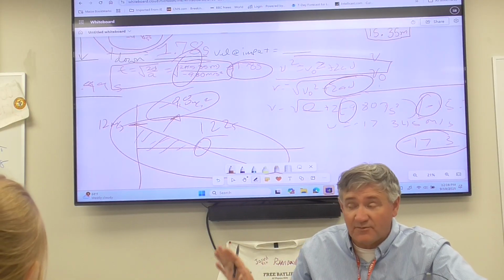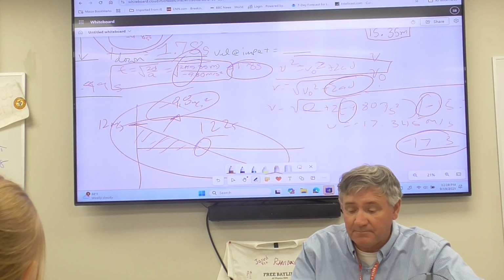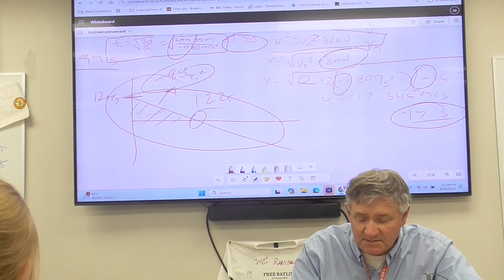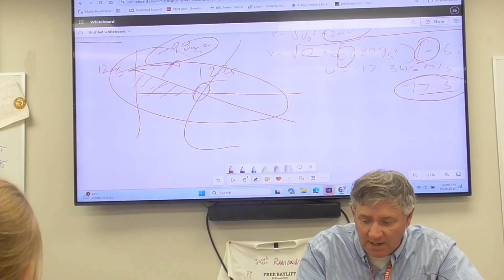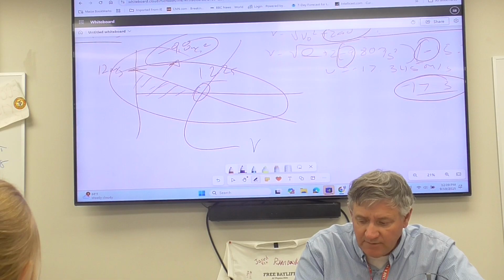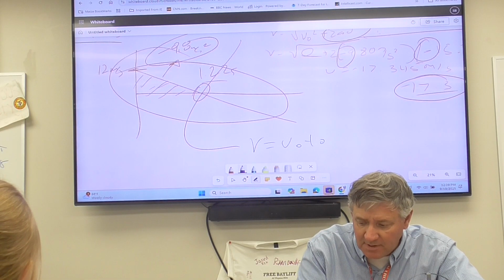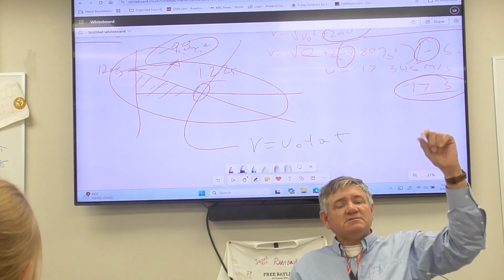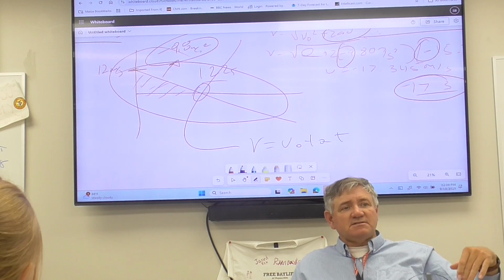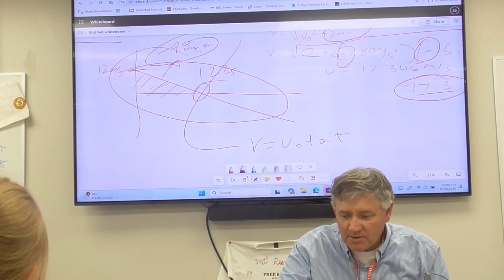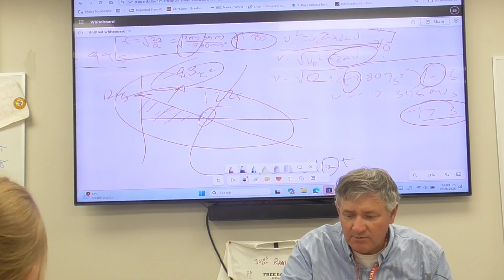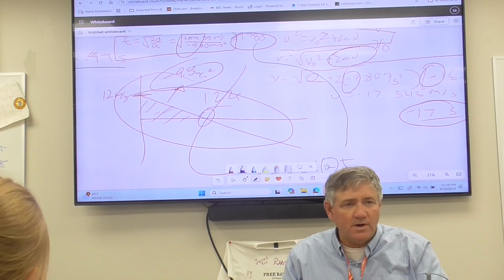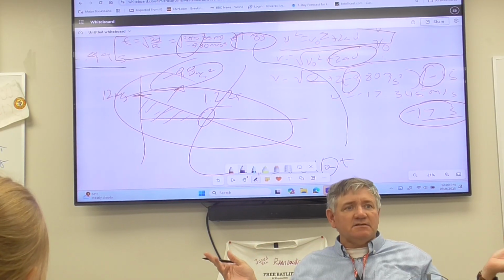Now, on that time down of 1.78 seconds, here's the other way that you could have done this. This is why I said there's a variety of ways that you could have done this problem. To find the velocity at impact, you could have used V equals V naught plus AT. When it starts to fall, what's the initial velocity? 0. You know your acceleration, you know it's going to fall for 1.78 seconds.